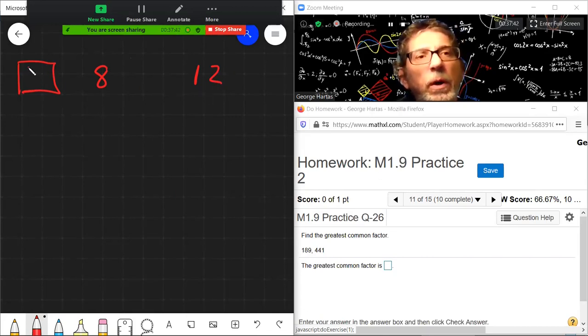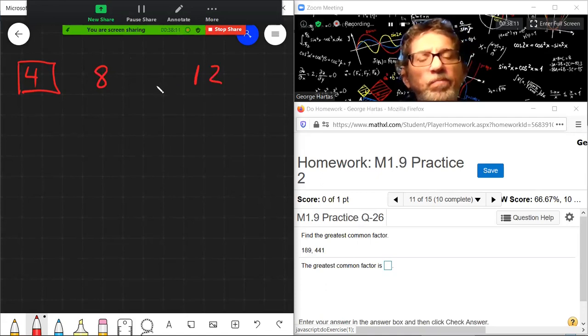That number is 4. 4 is the biggest number possible that divides evenly into 8 and 12. That's what's called the greatest common factor, the biggest number possible that divides into all, both. There could be more than 2 numbers given, but in this example, it's just 2 numbers.